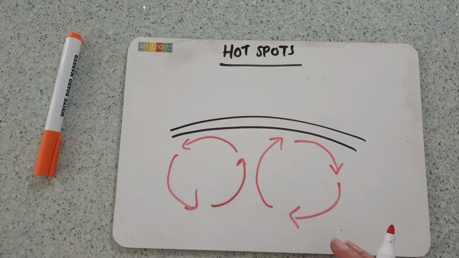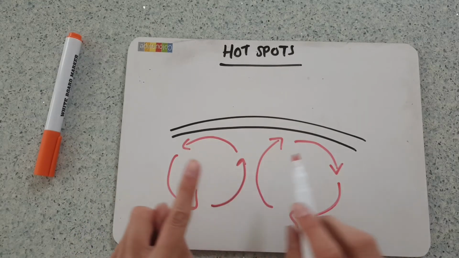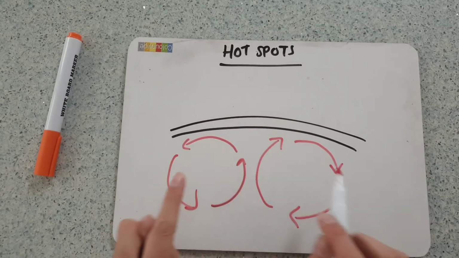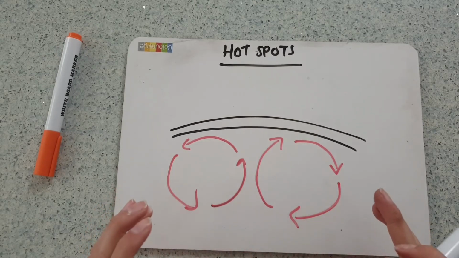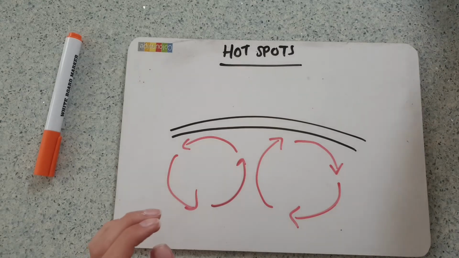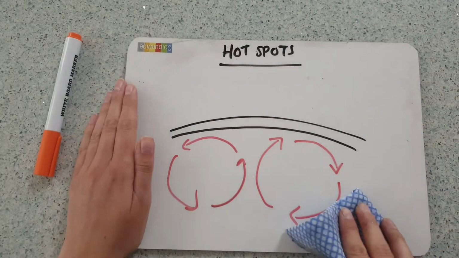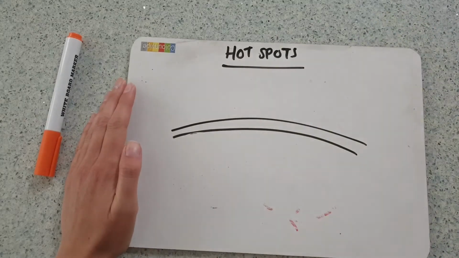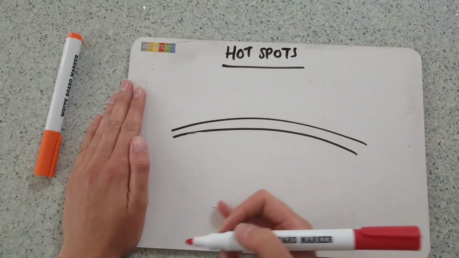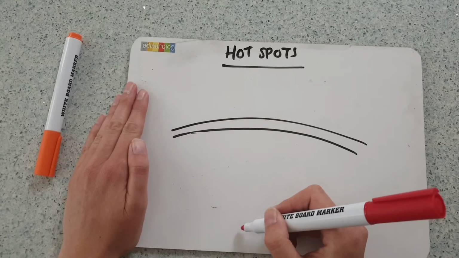But we also know it's not quite that simple. We don't have these lovely little circulations of magma going round and round. We also have these random areas of extra heating, a bit like we know we have sunspots and solar flares on the sun. We have these extra hot and extra cold little parts. So we know that in some places in the mantle, we have these extra areas of heating.